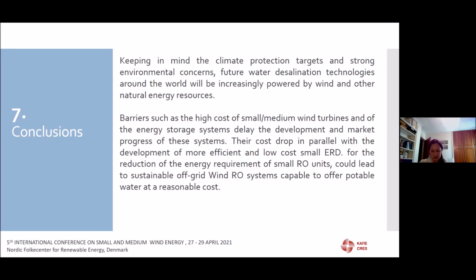Their cost drop, in parallel with the development of more efficient and low-cost small energy recovery devices for the reduction of the energy requirements of small RO systems, will lead to sustainable off-grid wind RO systems capable of offering potable water at a reasonable cost.